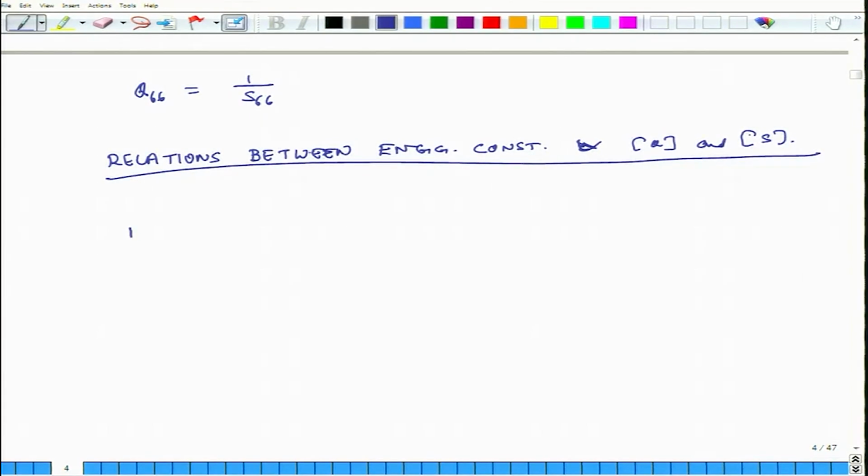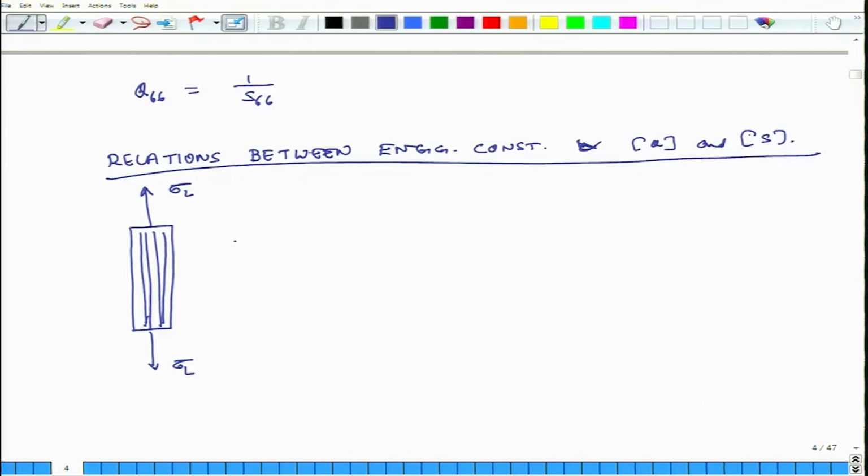So suppose I have a unidirectional specimen and the fibers are in this direction, and I just apply sigma L to it. If I just apply sigma L to it, then what will happen?